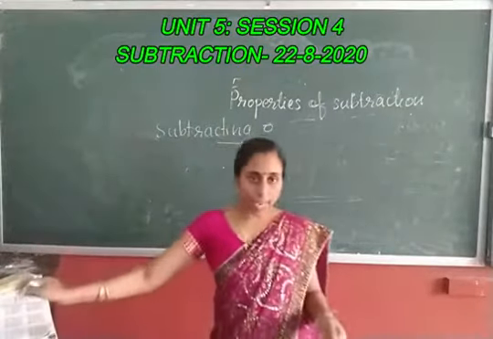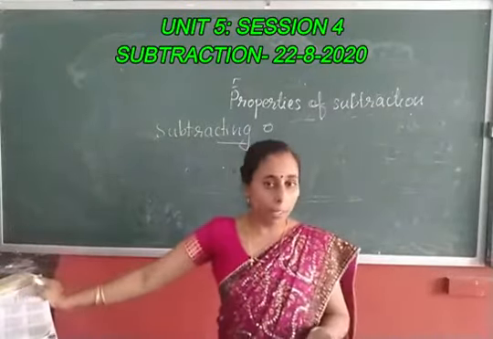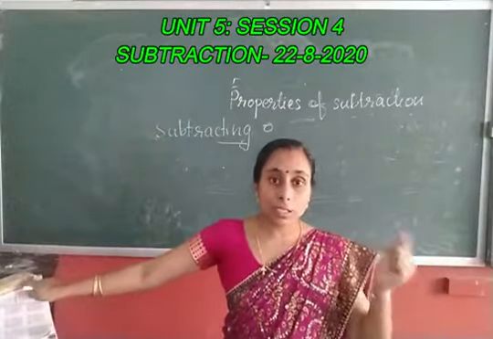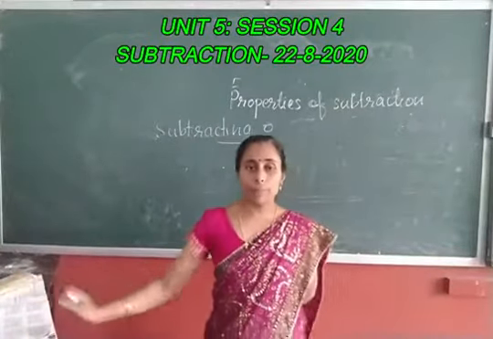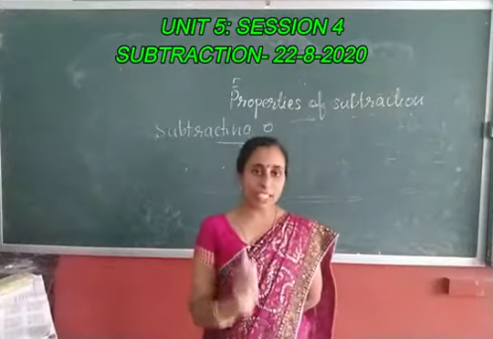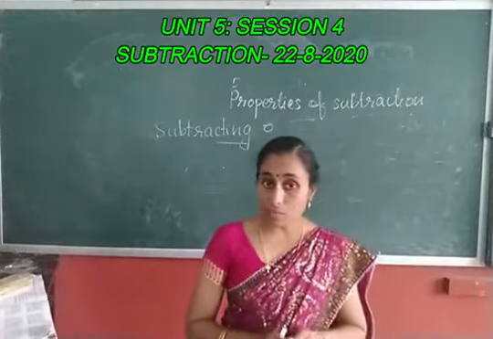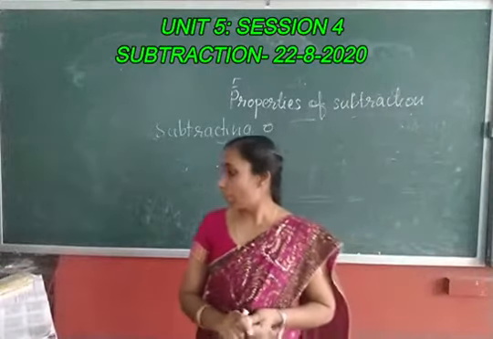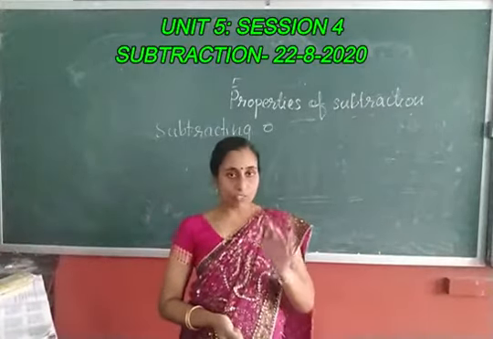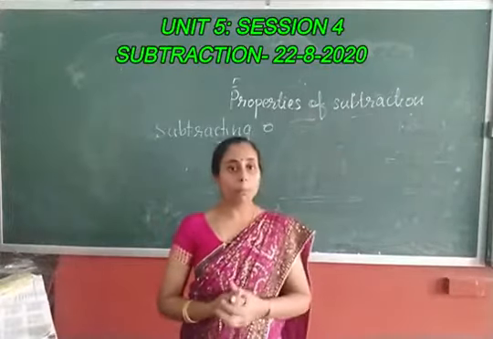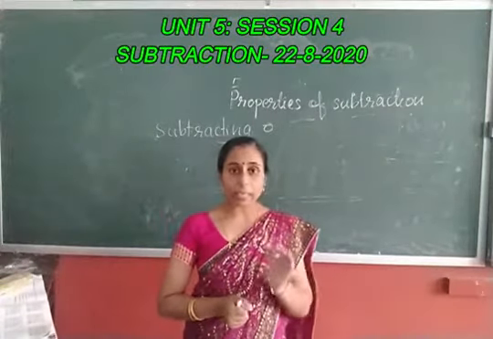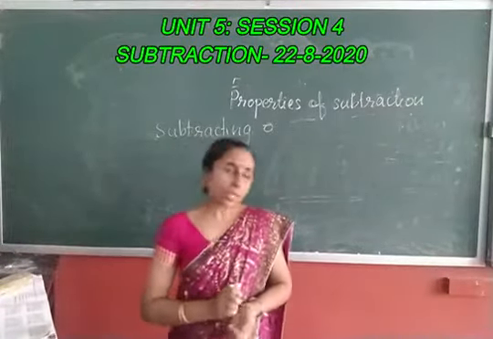If we subtract 0 from a number, we get the number itself. What is the first property of subtraction? Subtracting 0. If we subtract 0 from a number, we get the number itself.